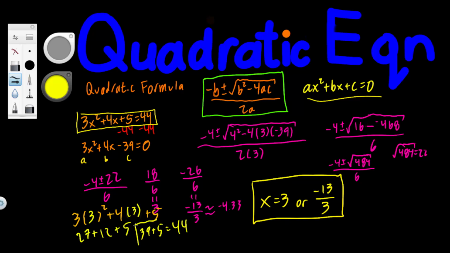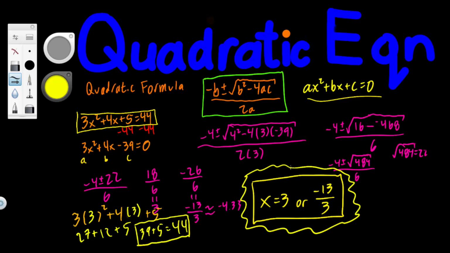And the same would be true of negative 13 over 3. And so, yeah, we just solved it. X equals 3 or negative 13 over 3 are the two possible solutions where the equation equals 0. If you have a graph that looks something like this, what would this look like?